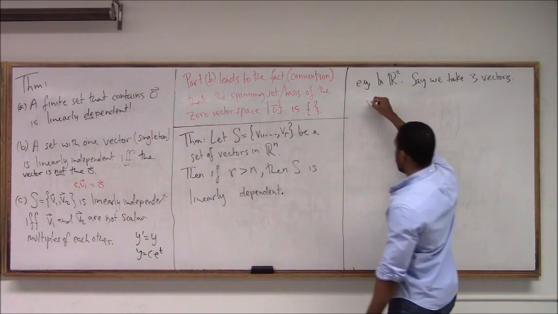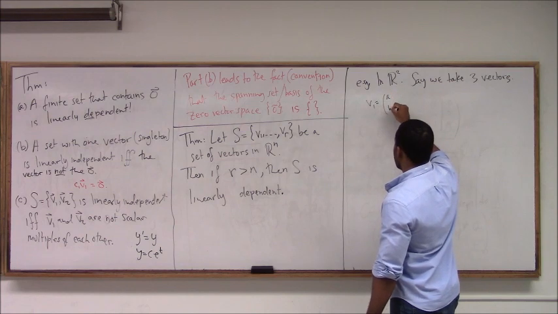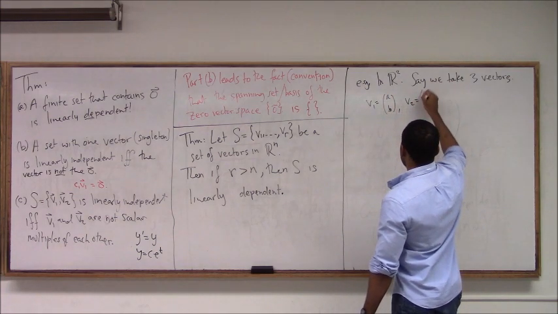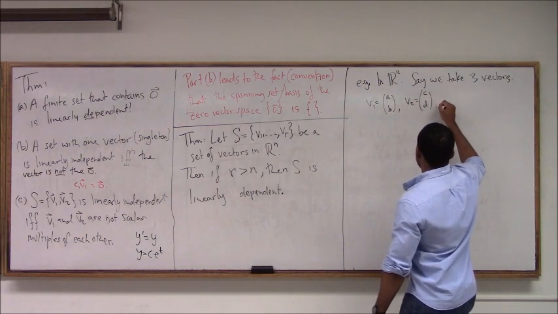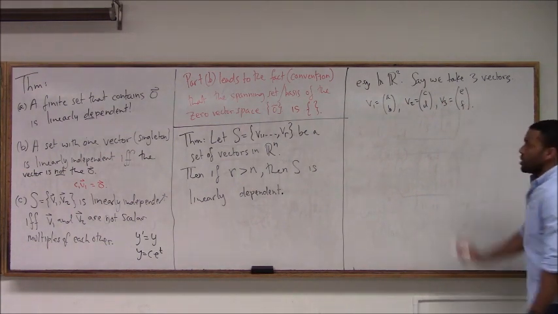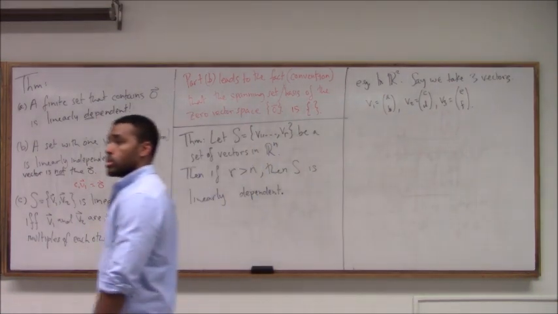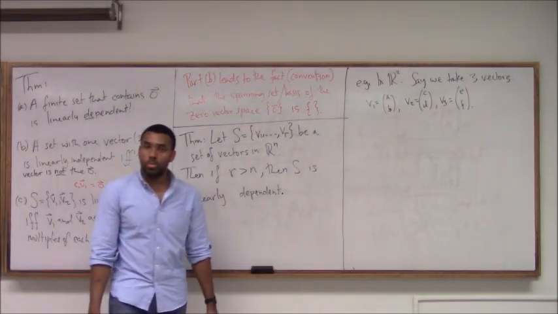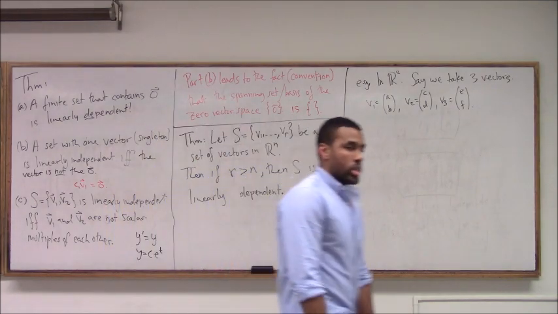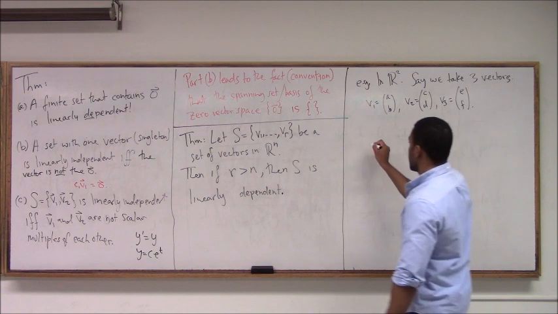So let's say V1 equals (a, b), it's R2, so I can just write it like this. V2 equals (c, d), V3 equals (e, f). Will those vectors be dependent or independent? Independent? How would we check? Plug it into the thing.